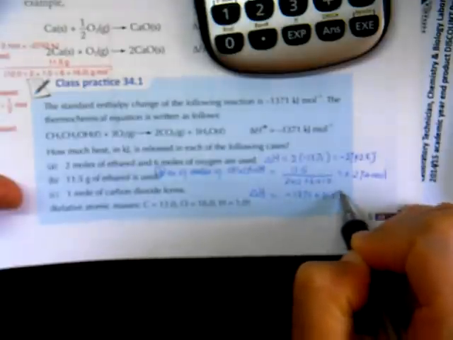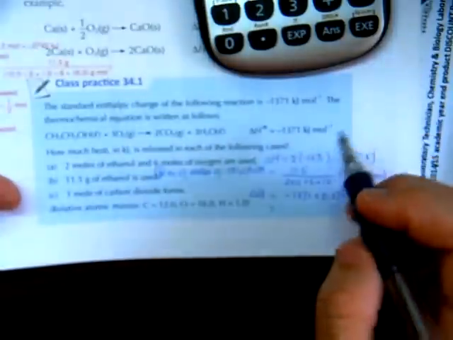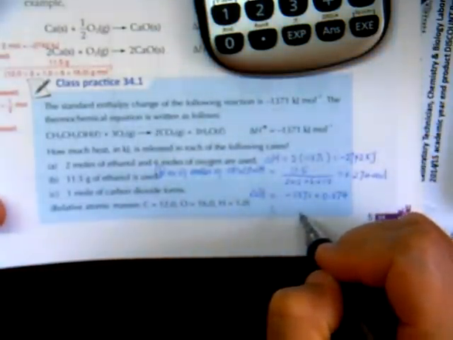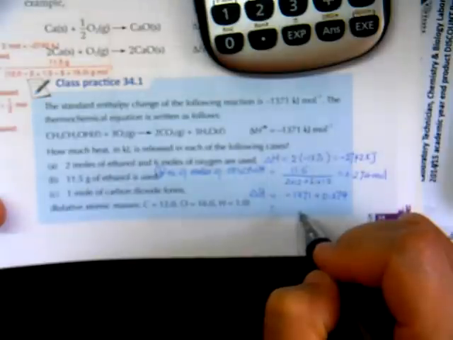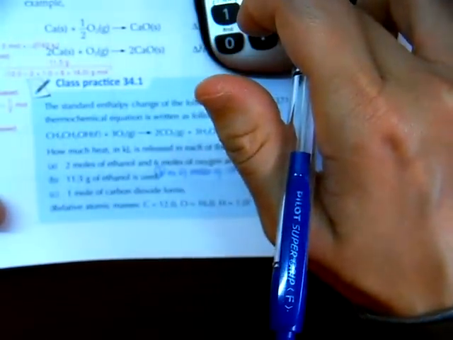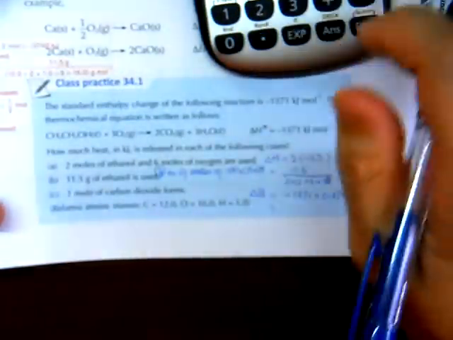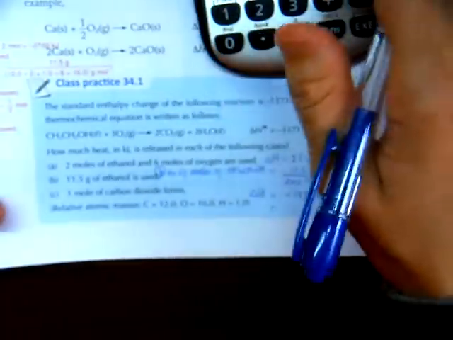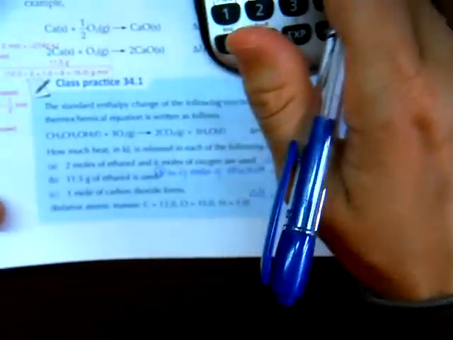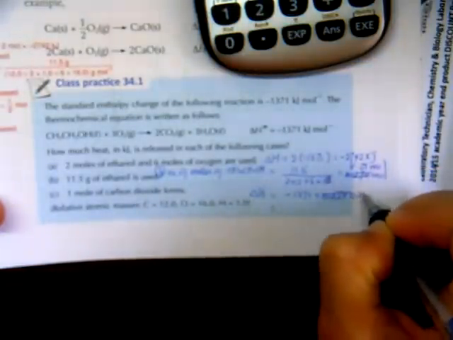So the amount of delta H in this situation, that means case B, is equal to negative 1,371 times 0.274. Something is wrong. It should be 0.25 mole, sorry, 0.25 mole.